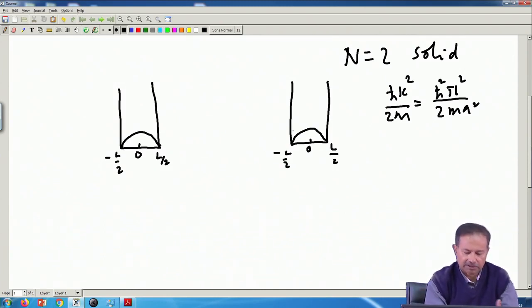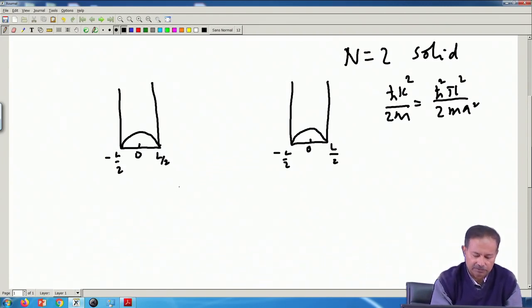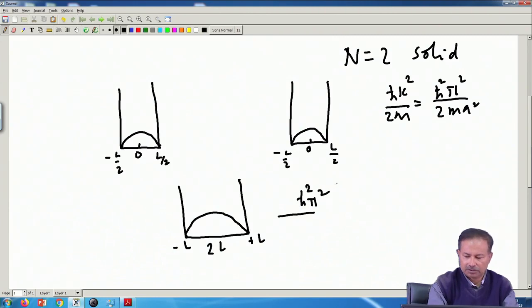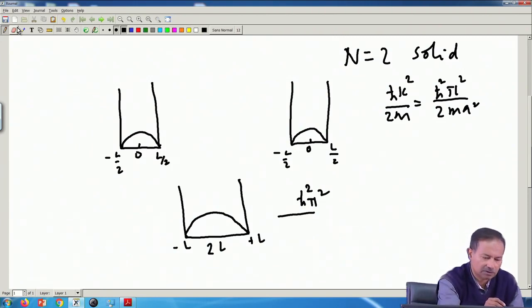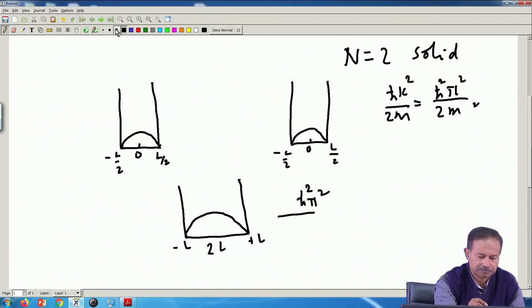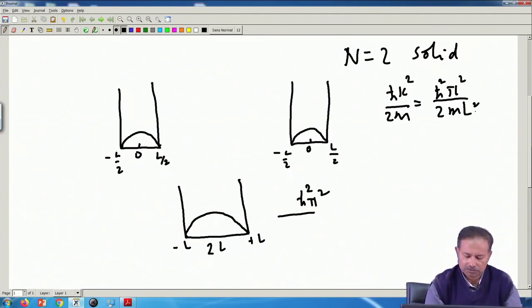In the extreme situation we will form a well of length 2L, from minus L to plus L, and the wave function will be like this, and the energy is h cross square pi square by 2 m L square, so 2 m into 2 L square.